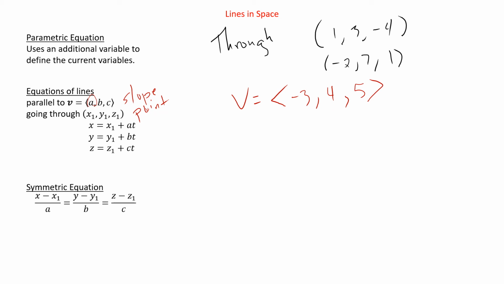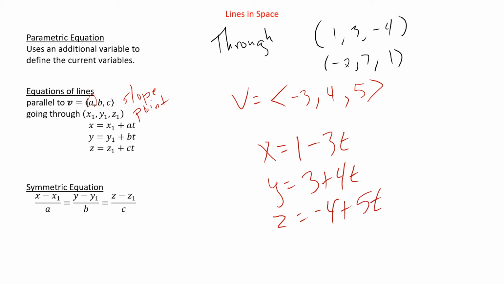So let's use the top equation. So here we get x will equal 1 minus 3t. Y will equal 3 plus 4t. And z will equal negative 4 plus 5t. Now if we plug in 0, we get that first point.